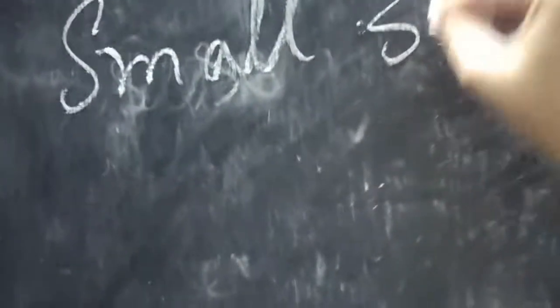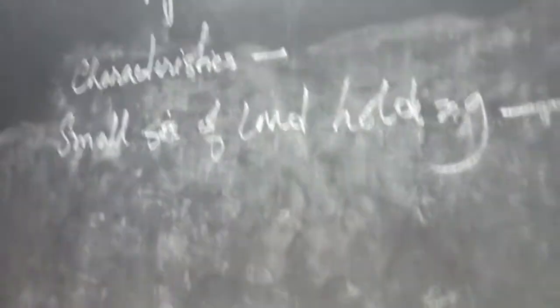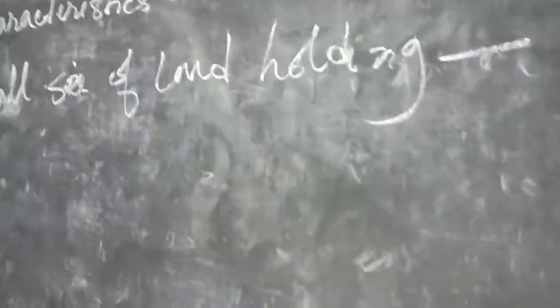Small size of land holding. This is another characteristic of Indian agriculture: the small size of the land holdings.